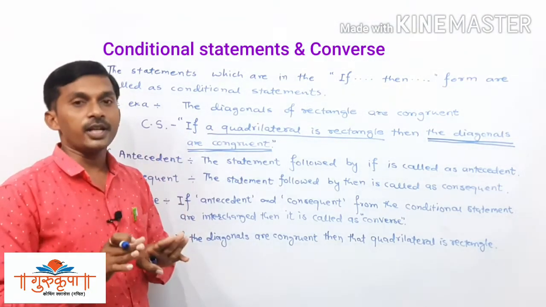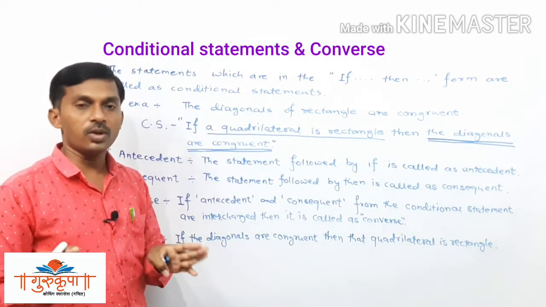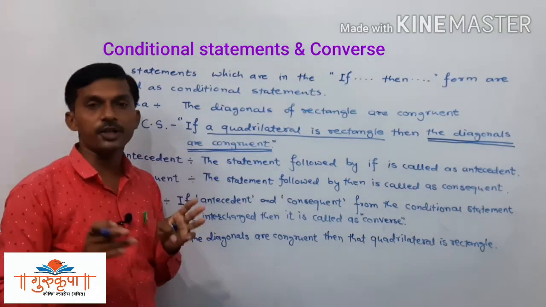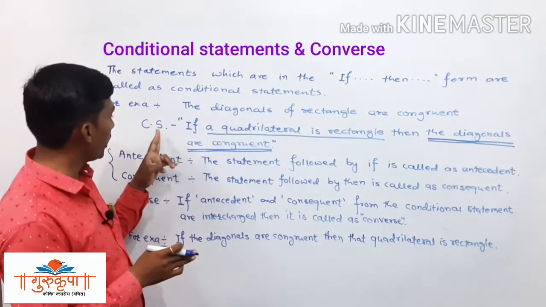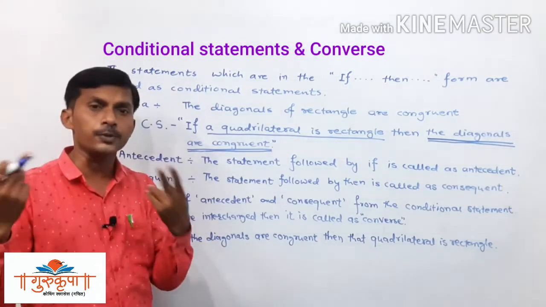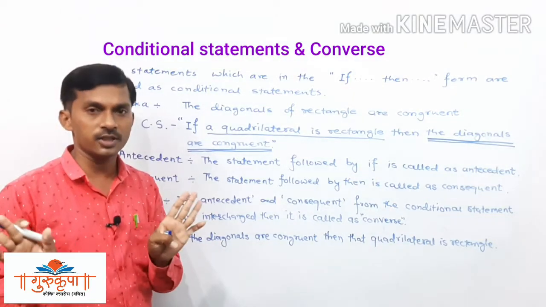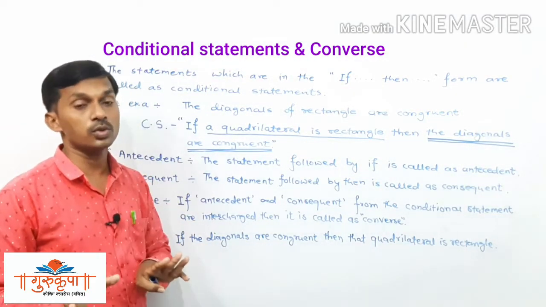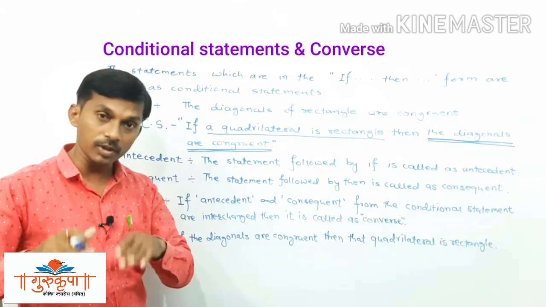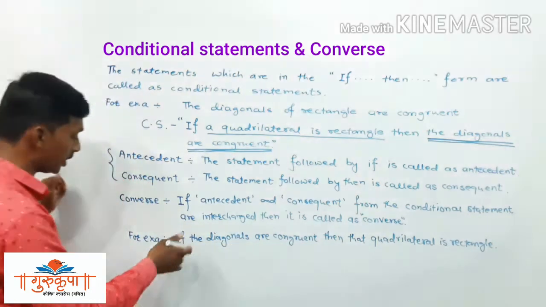Each and every time the converse is not correct. We have given the conditional statement, but it is not necessary that if we write the converse of this conditional statement, that should be correct, that should be true. That is not compulsory. Sometimes it may be wrong. So how will it become wrong? We will take an example here.